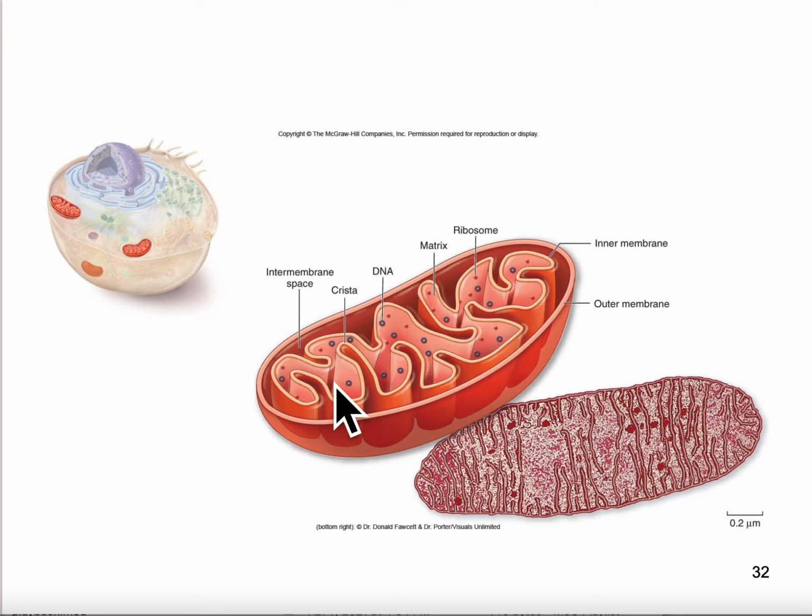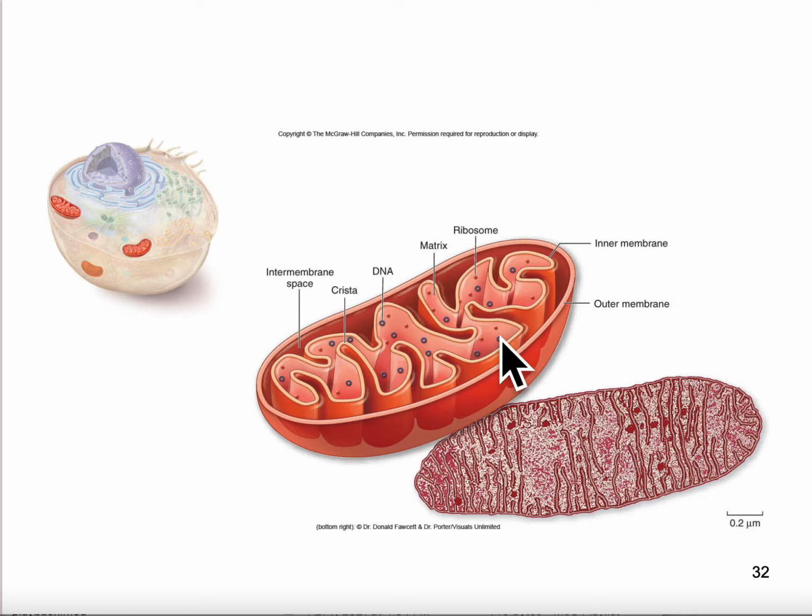On the inside, you have another spherical-ish membrane, but it's shoved in such a way that it creates a lot of folds, and we call those folds cristae. One fold is a crista, plural cristae. You can imagine it's like you have a small Ziploc bag with a giant garbage bag inside, so it has to be all folded, with a bunch of folding on itself.